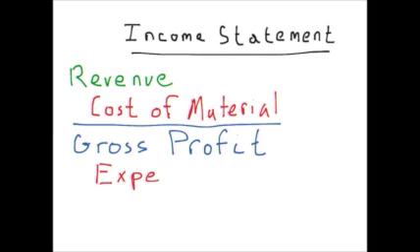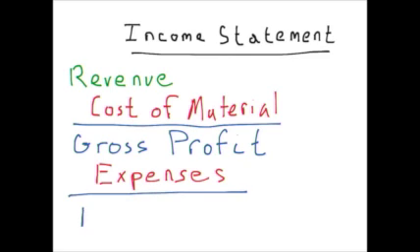The expenses is the total money used for the business not included in the cost of materials. Finally, we use the gross profit and the expenses to calculate the net profit, because the net profit is what is left of the gross profit once expenses have been removed.